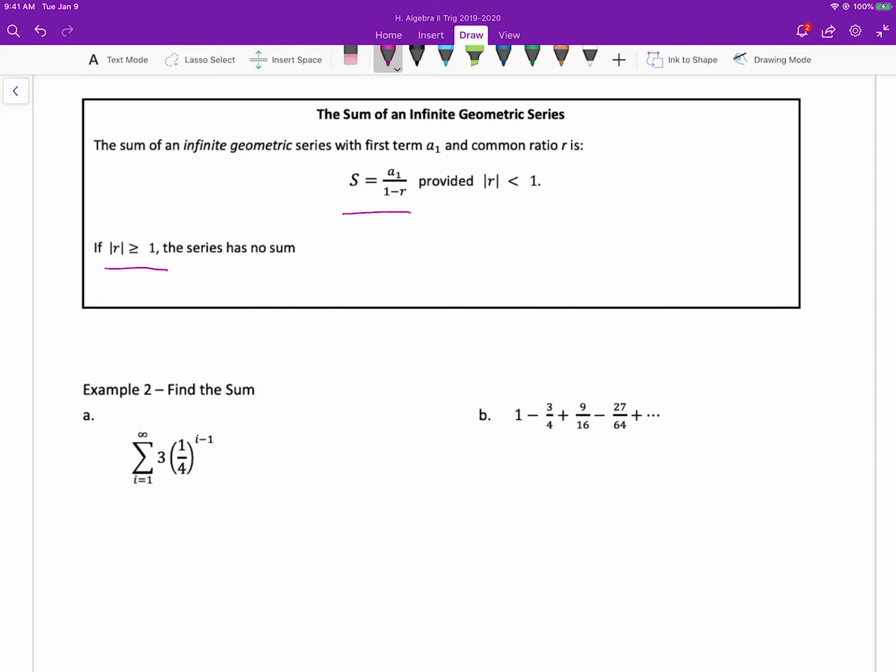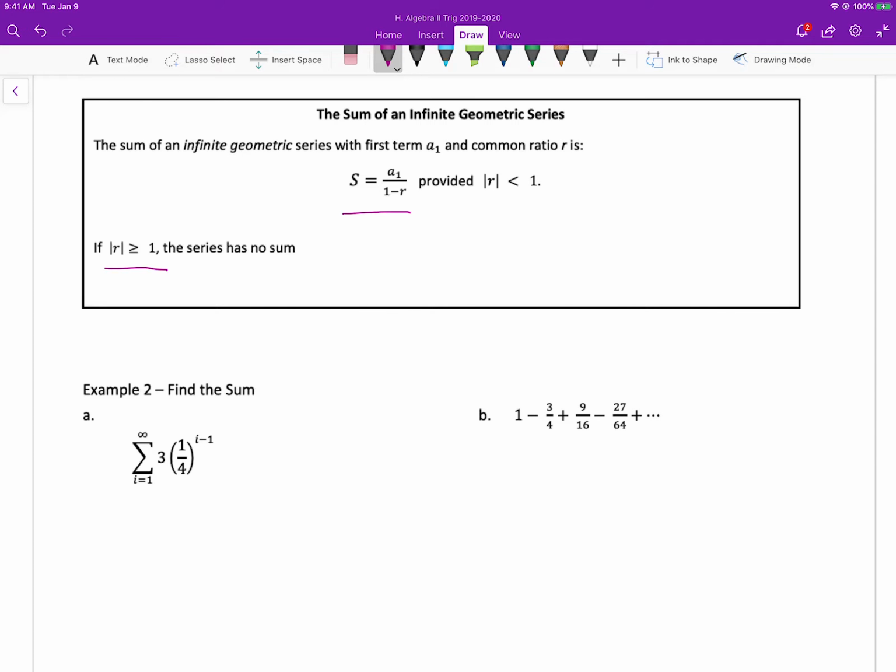So looking at our first problem, A, I'm remembering that a sub 1, my first term, is 3. My common ratio is 1/4. Now I can apply the formula and substitute those values in, and the sum will be 3 divided by 1 minus 1/4.